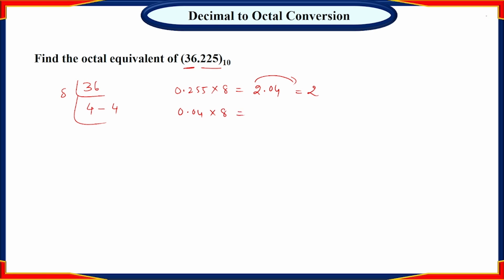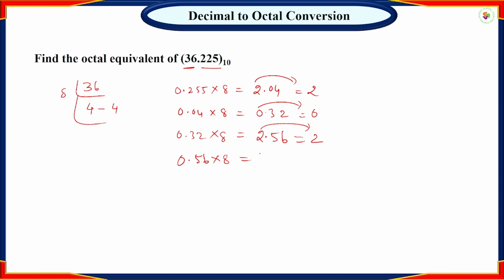If you multiply 0.04 into 8, you get 0.32. Just shift this 0 here and now multiply 0.32 into 8. If you multiply 0.32 into 8, here 2.56 is there. Simply shift the 2 here and take this 0.56 into 8. Again multiply this 0.56 into 8.